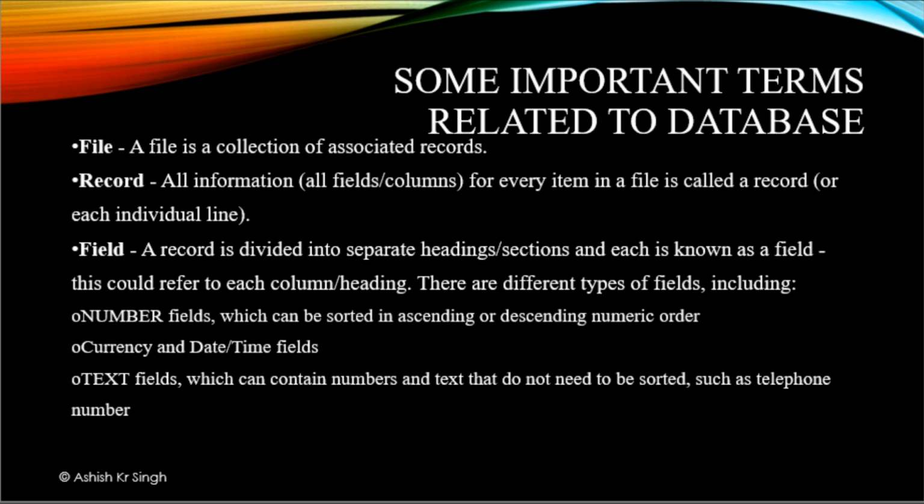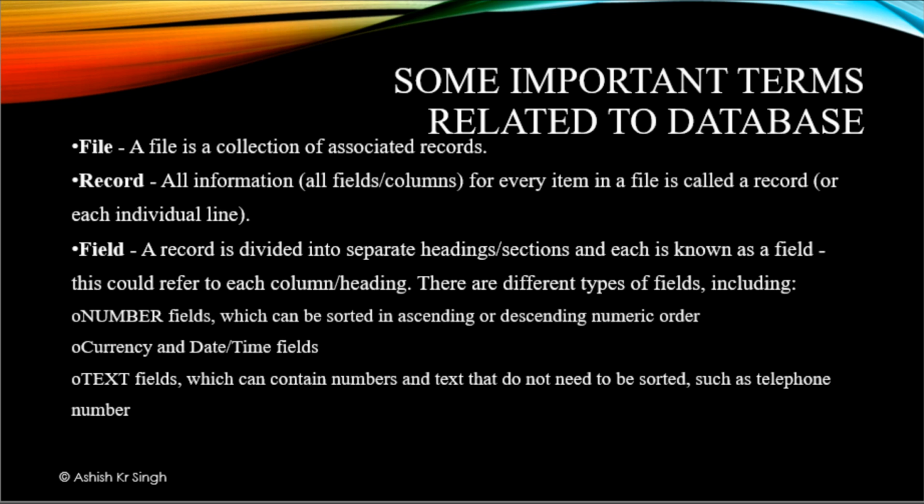What is a field? In a very simple way, a vertical set of data is called a field. As the columns are there in MS Excel, similar things are here. These are vertically arranged, and they store the same type of data.